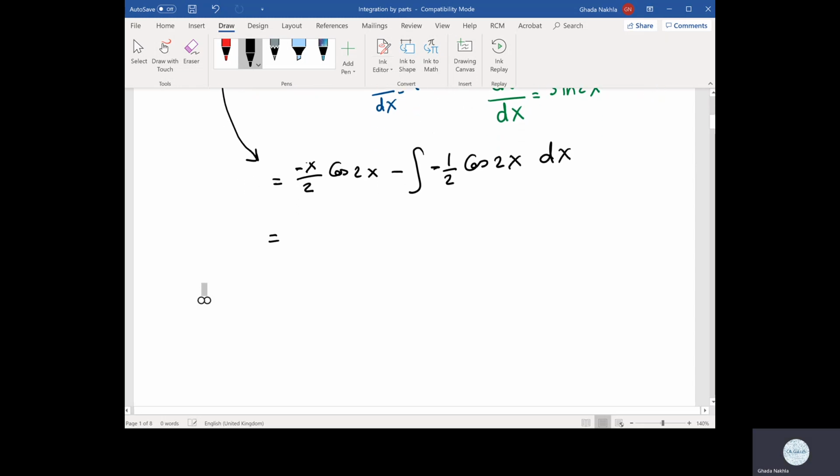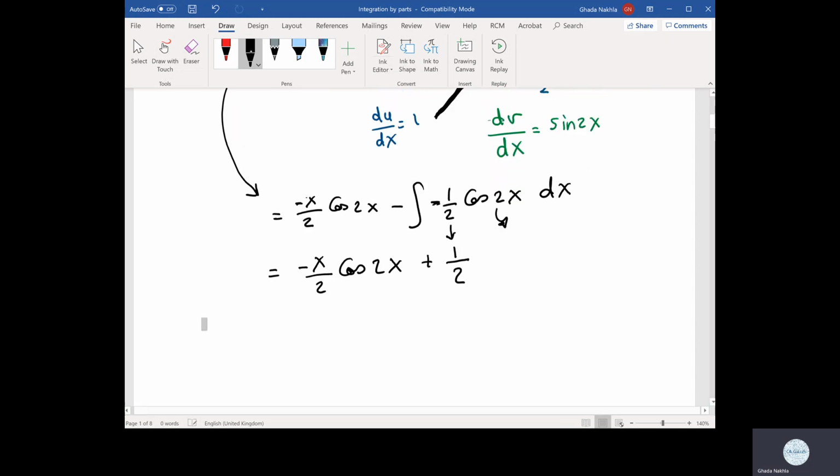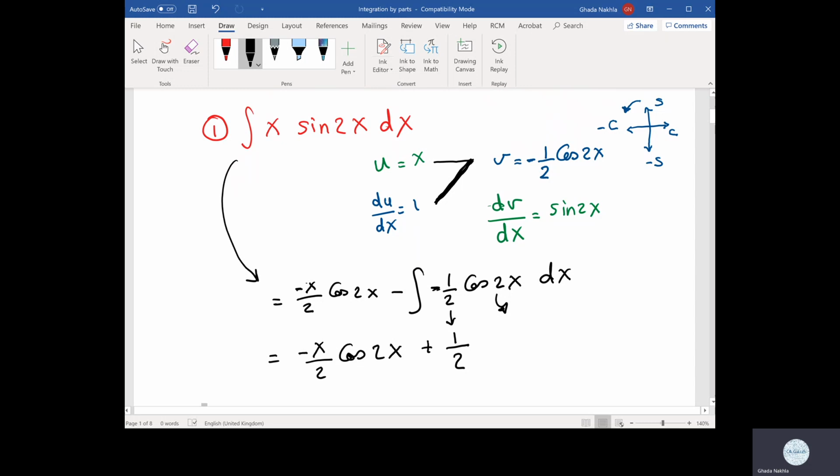Let's tidy things up and integrate. So minus x over 2 cos 2x. Minus minus is a plus, so plus. Kick the half out of the integration. Leave the half alone, and let's integrate cos 2x. Let's go back to here and see, when we integrate cos, you get what? Sine.